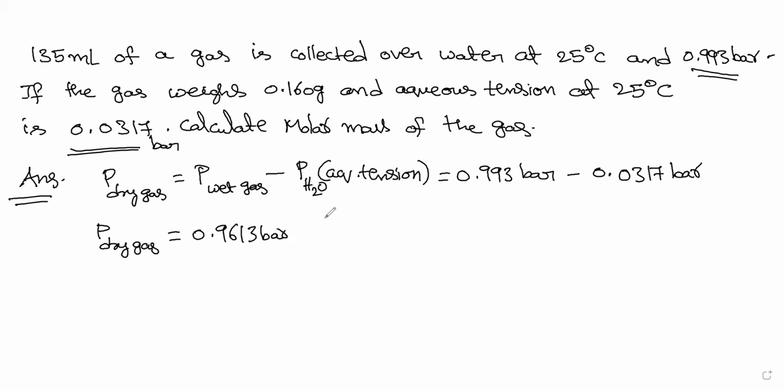Now I use the equation PV equals nRT. When substituting, P is 0.9613, into V. What is the volume? 135 ml.